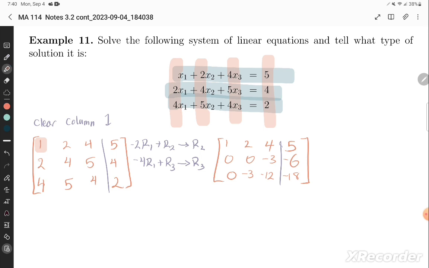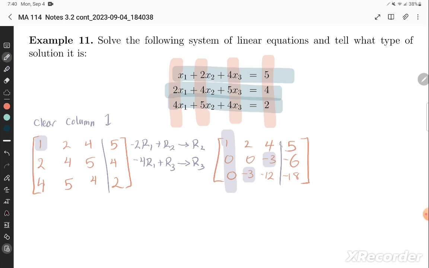If I look at it, here we've got our column 1 cleared. That's good. But if you notice here, my leading entry for row 2 is further to the right than my leading entry for row 3. We don't want that.